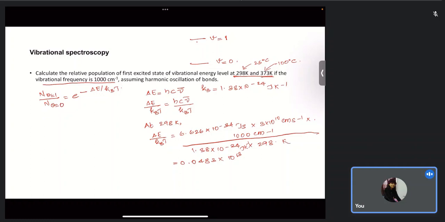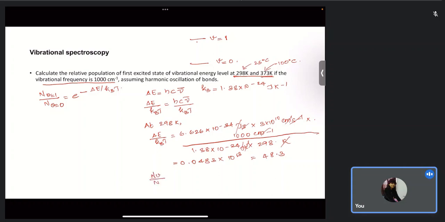At the end we are going to cancel out all the units. Joules will cancel out, centimeter inverse cancels out, second inverse and second will also cancel out. So we'll have 48.3 as the value here.